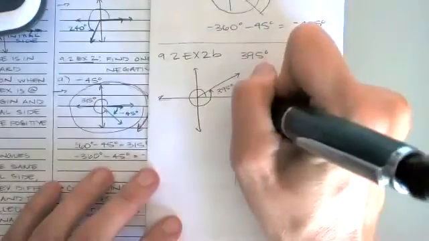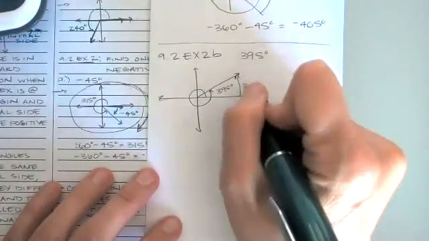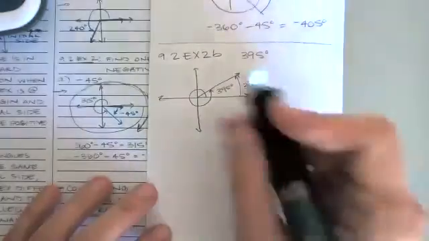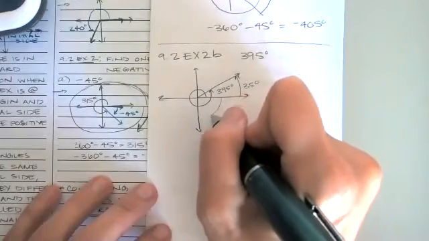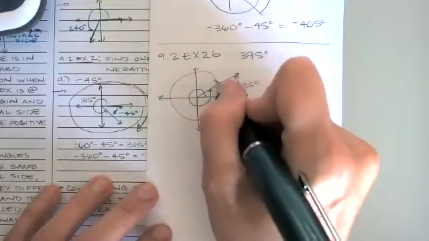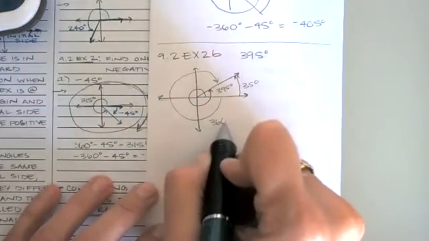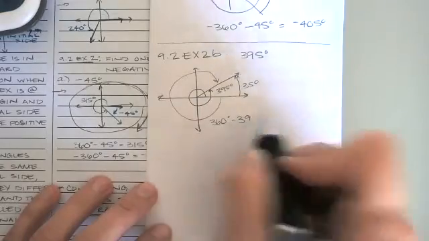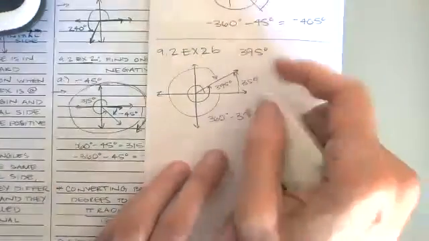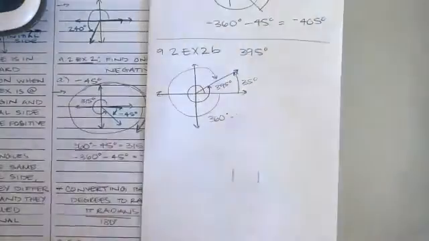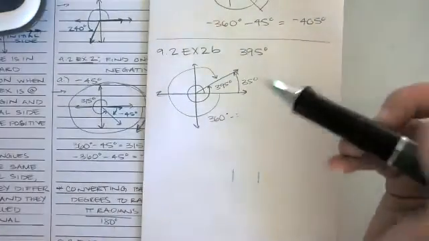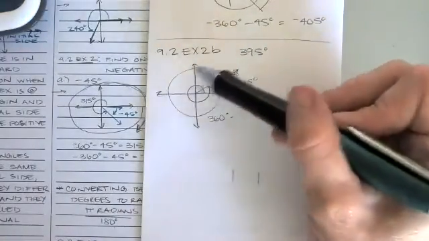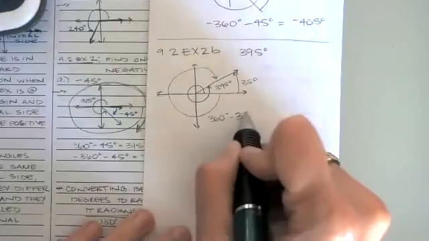So we can see that one angle would be 35 degrees. And another angle going the other way would be 360 minus 395, minus 35. How do we want to think about that? Yeah, minus 35.